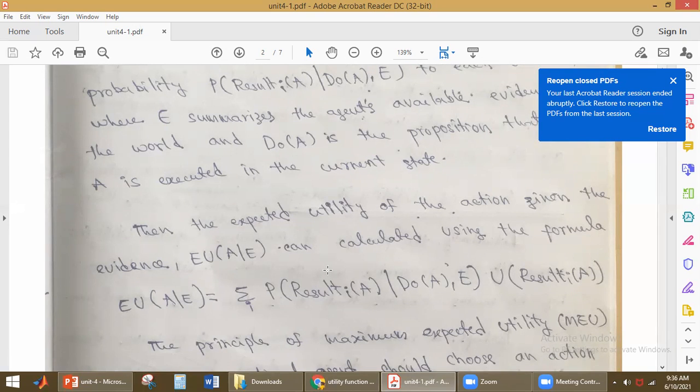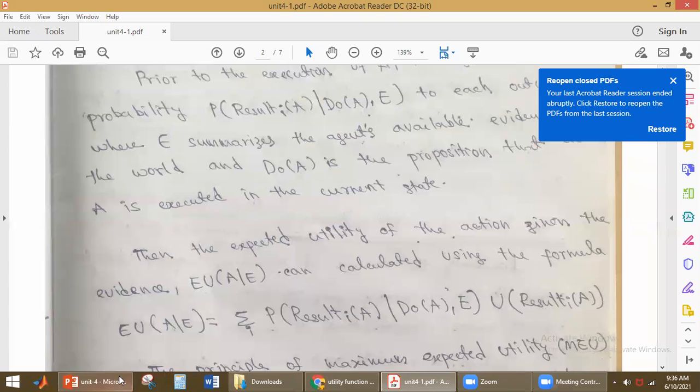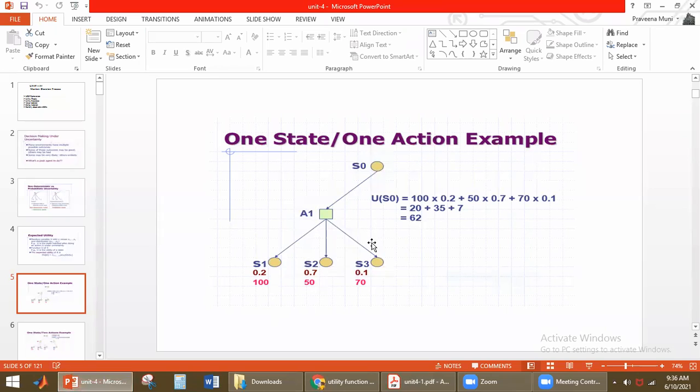That we denote as EU of A given E. It is the probability of result I of A given do of A and my evidence, multiplied by the utility. For each and every outcome we are assigning some value, that is nothing but utility of result I of A. We have to add all these product terms, and that gives the utility of a particular action. That's what we have discussed here, students.